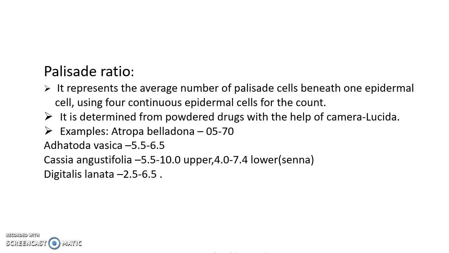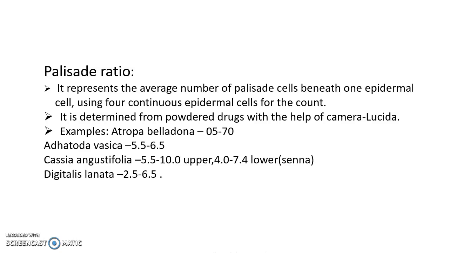Today I will discuss only the following. Palisade ratio represents the average number of palisade cells beneath one epidermal cell, using 4 continuous epidermal cells for the count. It is determined from powdered drug with the help of camera lucida.